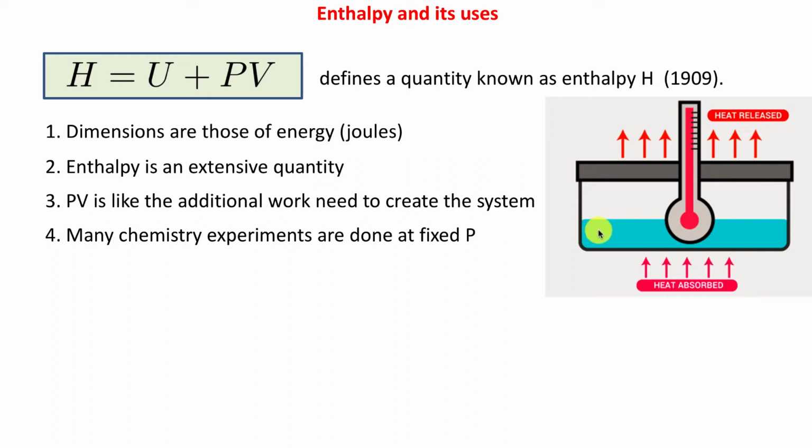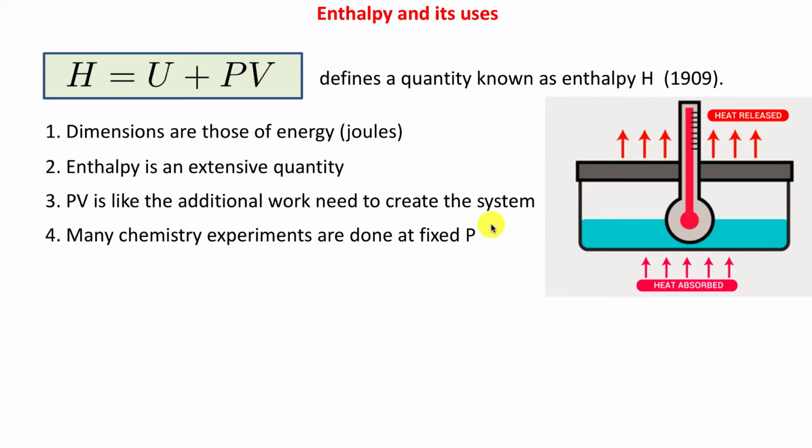For example, suppose you have a substance over here and you want to investigate it. Well, you will investigate this under the conditions of normal atmospheric pressure. Now, suppose this sample melts and it increases its size. Well, if it increases its size, it's going to push the atmosphere up, which means that it is going to do work. And so the amount of heat that you will need to melt that substance will be different depending upon whether you allow this to move up or you don't.